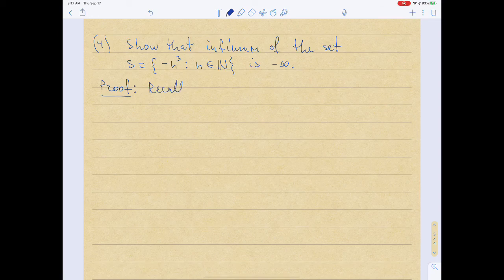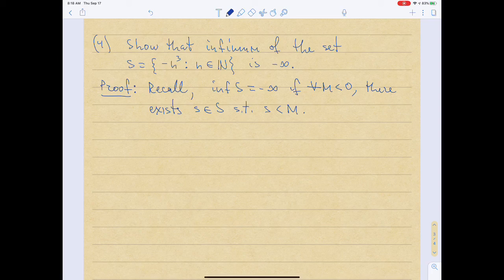The infimum of S is equal to minus infinity if for any M less than 0, there exists an element of your set such that the element is less than M. So capital M cannot be a lower bound because we found an element which is lower than that capital M. And if this is true for all capital M, then of course there is no lower bound, so the set is not bounded from below, and its infimum is minus infinity.